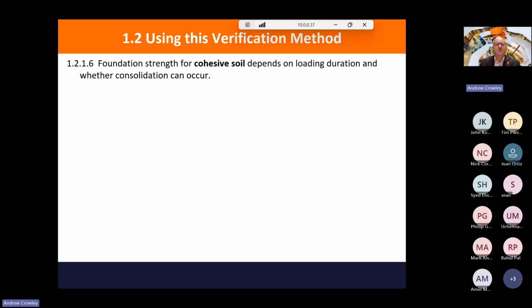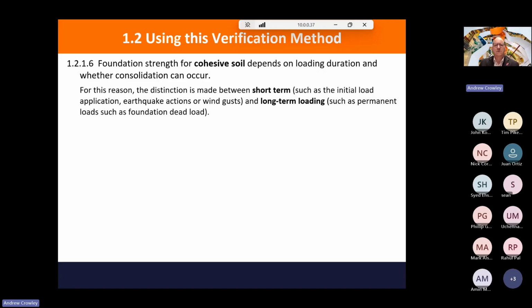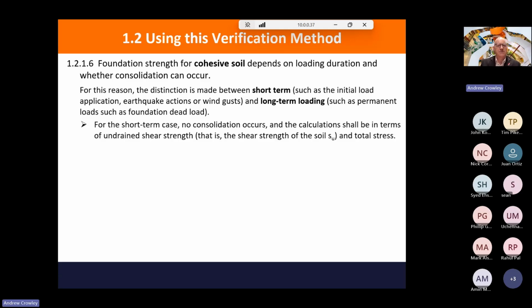So, as we've said before, the foundation strength for cohesive soil depends on the loading duration, whether consolidation can occur or not. That's why we make a distinction between short-term and long-term loading. And so a reminder, short-term loading is that stuff which is earthquakes, winds, and so on. And long-term is looking at permanent loads, including the dead loads.